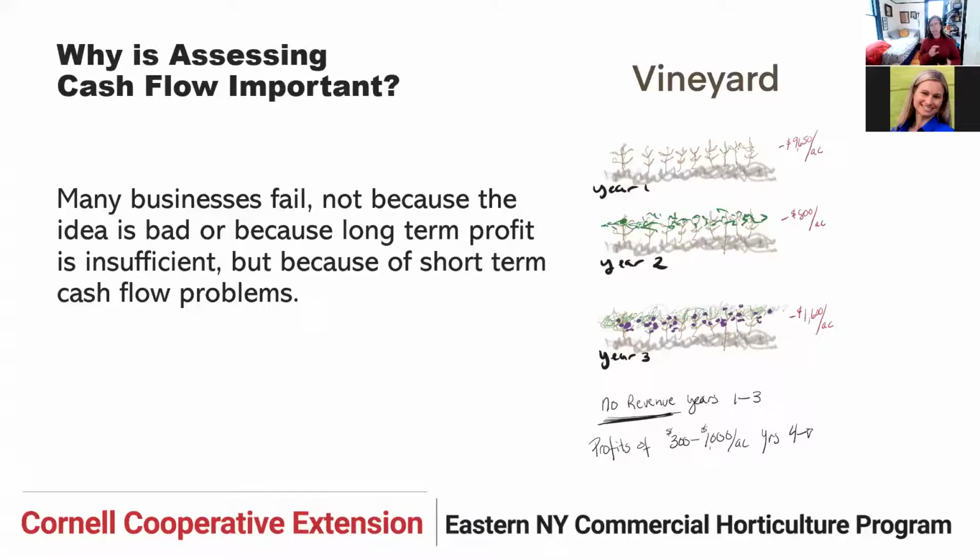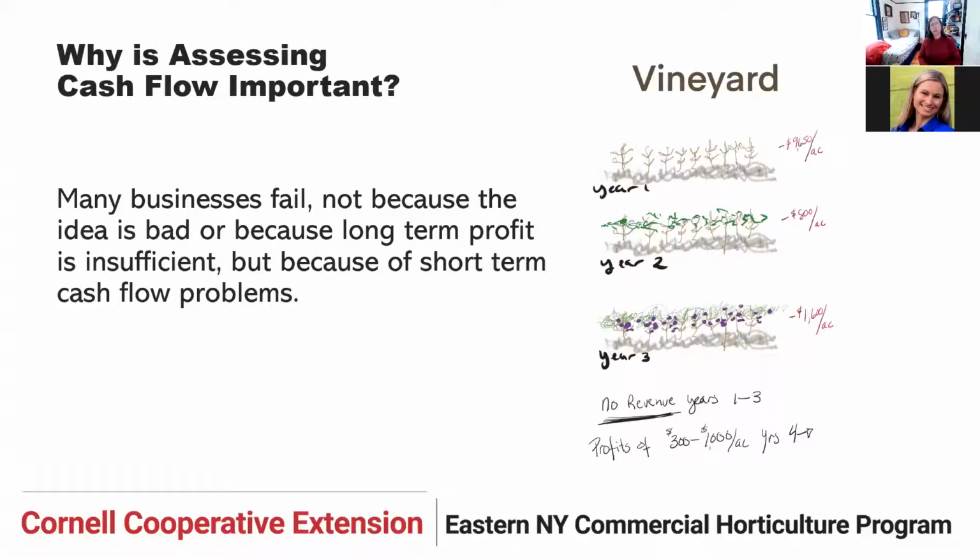So you can have a business that in the long term will be highly profitable, and the idea is really good, but whoever is running that business doesn't have the cash to keep going long enough to be viable, because they'll run out of money before they start seeing money come in.